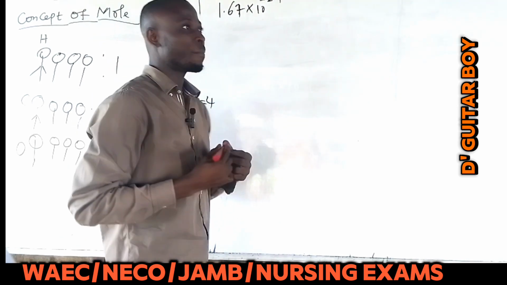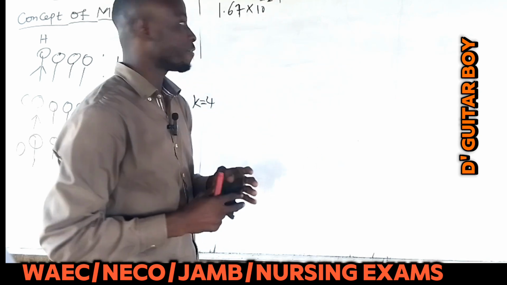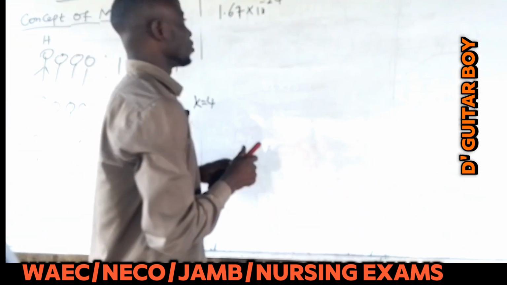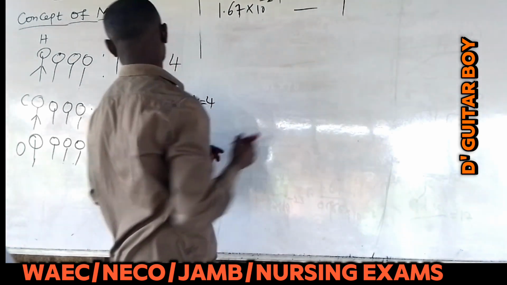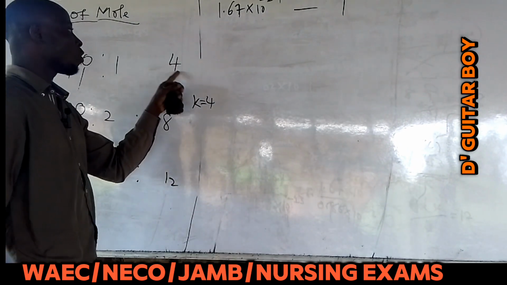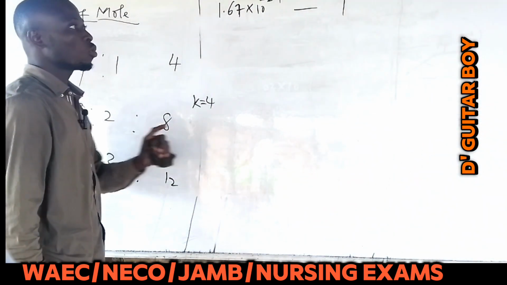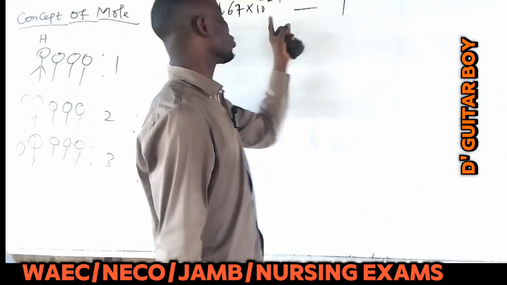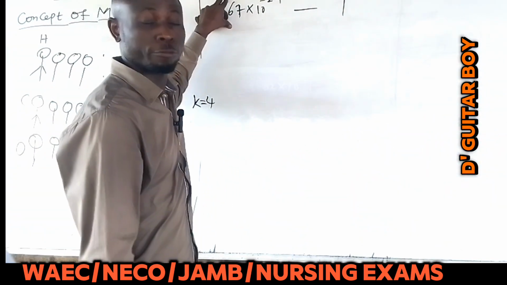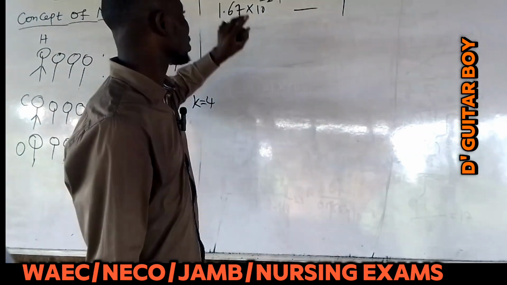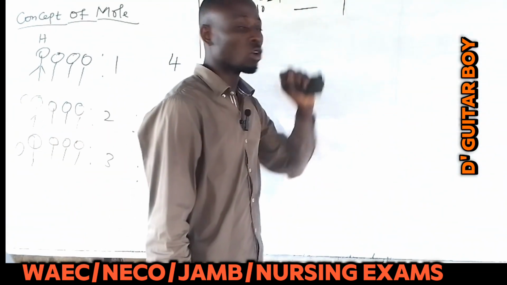And this particular mass was assigned a value of 1, just as we assigned a value of 4 to this man that was having a value of 1 before. So this one atom of hydrogen was assigned a value of 1 also.